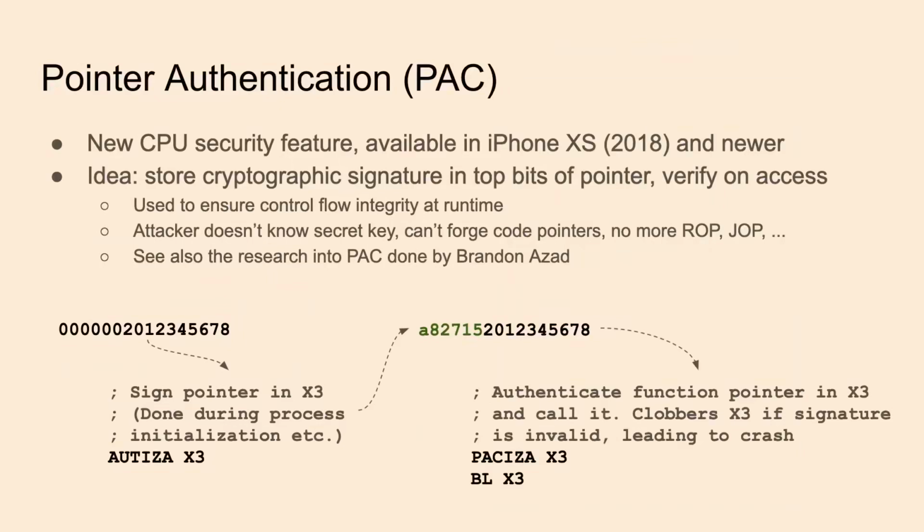Now, at this point, there's another thing coming in. Pointer authentication is a new security feature that Apple designed and implemented first in the XS, so this device, from 2018. This needs CPU support. The idea is that you can now store a cryptographic signature in the top bits of a pointer, okay?